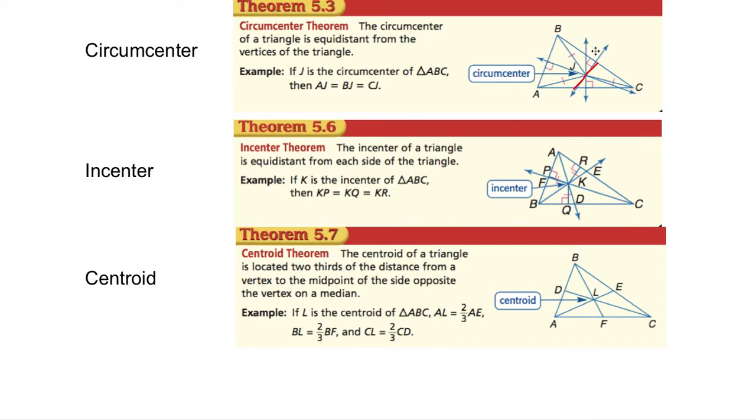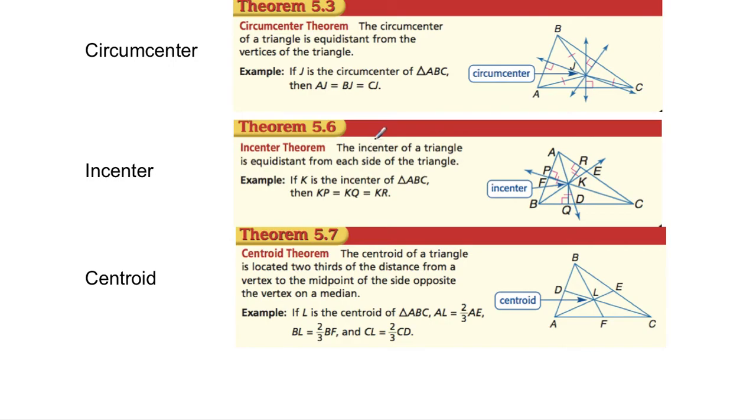And we can see that this point is equidistant to B, to A, and to C. Can't draw a straight line, but that's what the circumcenter theorem says.